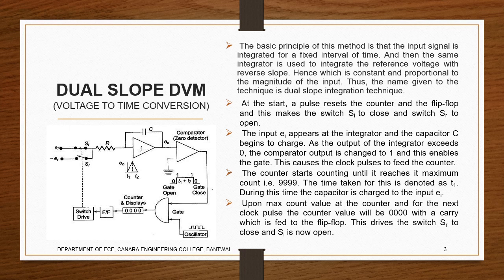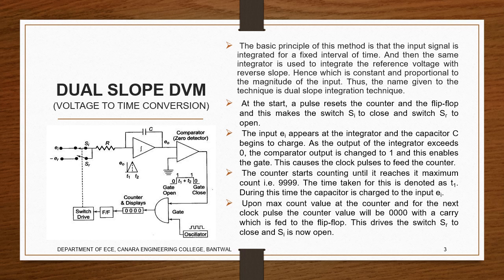So negative ER is fed to the capacitor. Now the capacitor discharges from the maximum level until it reaches 0, or the ground level. When it reaches the ground level, the comparator again gives a bit of 0.